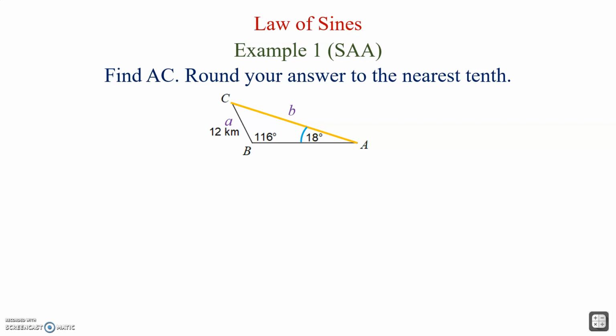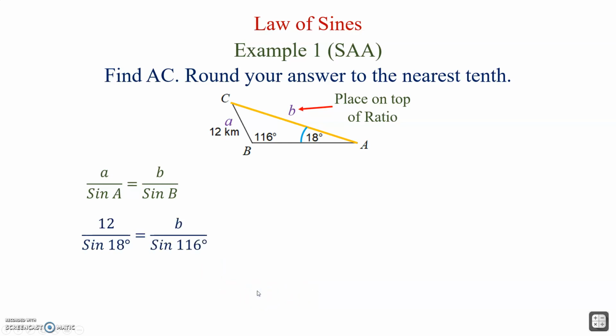One thing to be aware of: because we're trying to find AC, which is a side, that means we're going to put the sides on top. So here's our ratio: a over sine A equals b over sine B. Substitute the values in. Lowercase a was 12. Uppercase A was 18 degrees. Lowercase b is what we're trying to find.